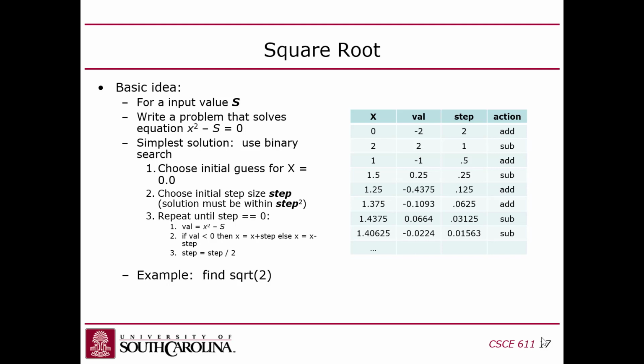So I'm going to set my step amount, which is like another variable. You initialize this step. It's like a register. Make it 2, just for the sake of this example.